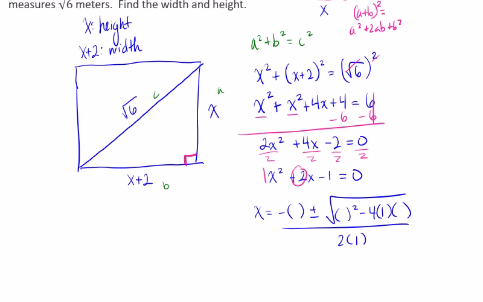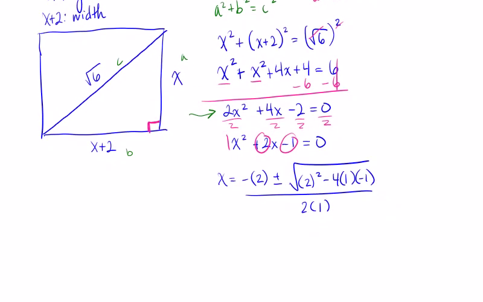So I'm going to put that in the first 2 spots. And c is negative 1. So I'm going to put that at the end. Okay. Now remember that you could have actually used these values and you'll get the same answer. So if you want to use 2 for a, 4 for b, and negative 2 for c, you'll get the same result. Okay.